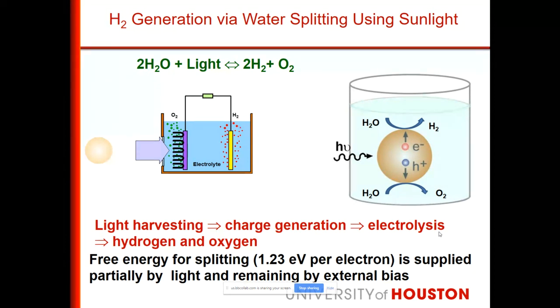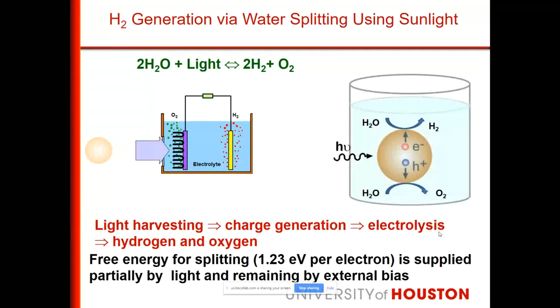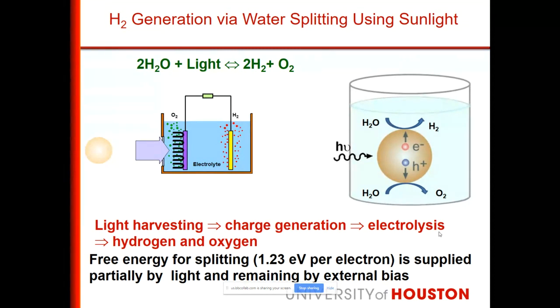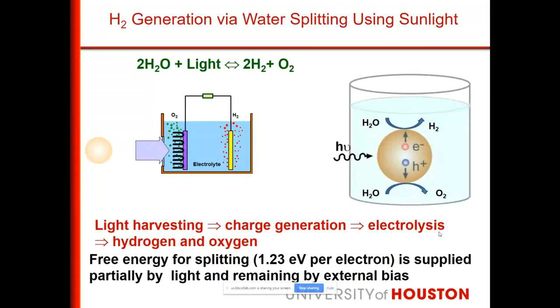Here the light absorption creates electrons and holes, but the electrons are immediately driven through the external circuit to the cathode, where water reduction takes place and hydrogen is generated. And at the anode, oxygen generation takes place. The overall reaction is water plus light gives hydrogen plus oxygen. Now we need at least 1.23 electron volt of energy for the water splitting to happen.